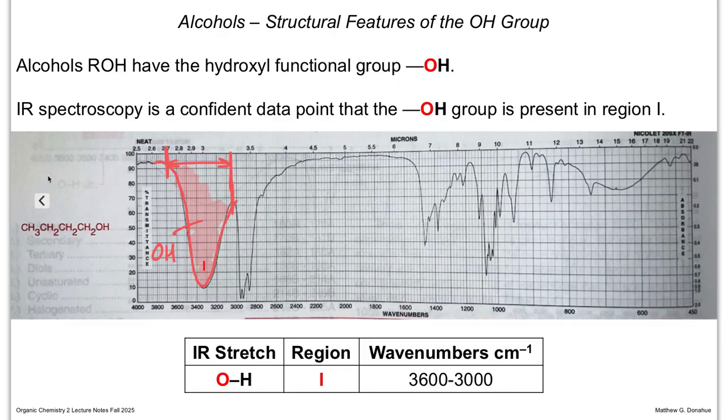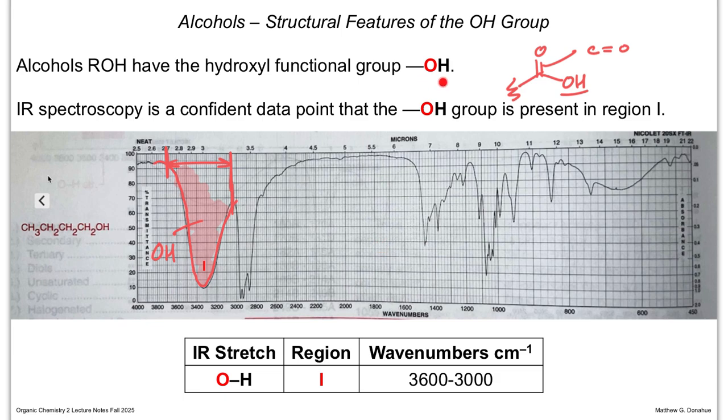So we know this other functional group, the carboxylic acid, that also has OH, but it has this carbonyl. So when you see a spectrum, if you're trying to determine is it an alcohol or an acid, alcohols look like that, and then there's no carbonyl here as well.